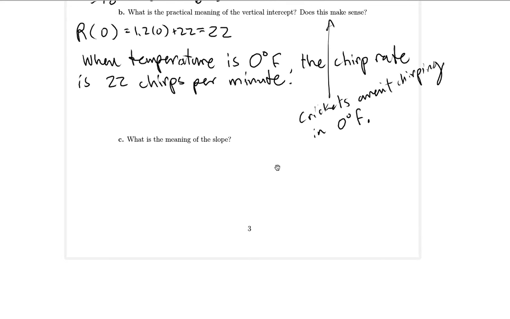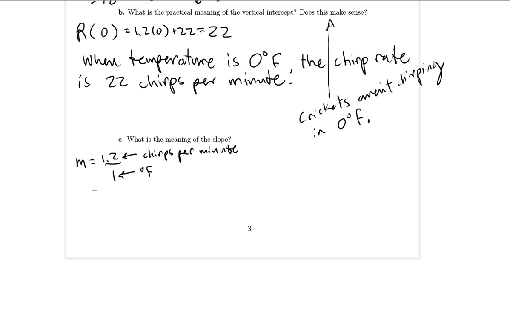How about the slope? Well, we know the slope. It's 1.2, and we can force it to be a fraction by putting it over 1. This was temperature, degrees Fahrenheit, and this was the chirp rate, chirps per minute. And that's how the chirps per minute are changing.